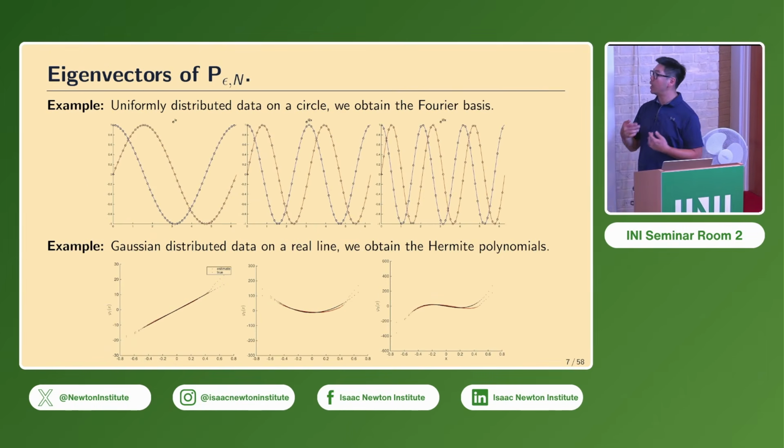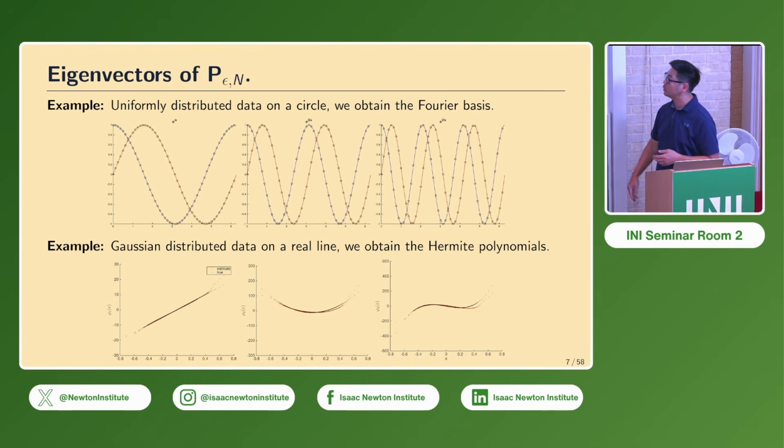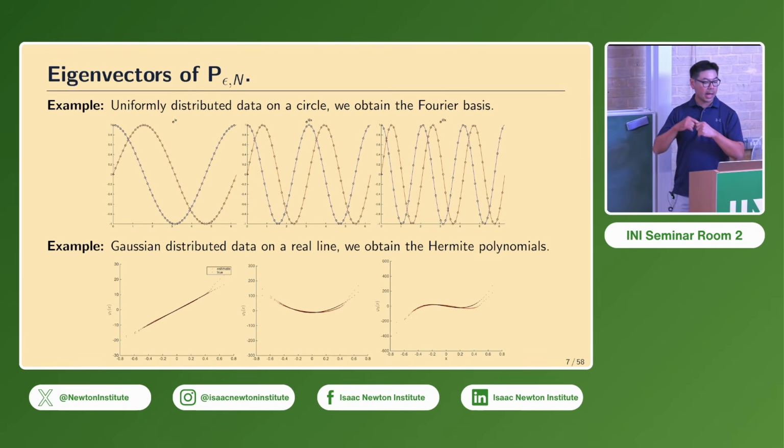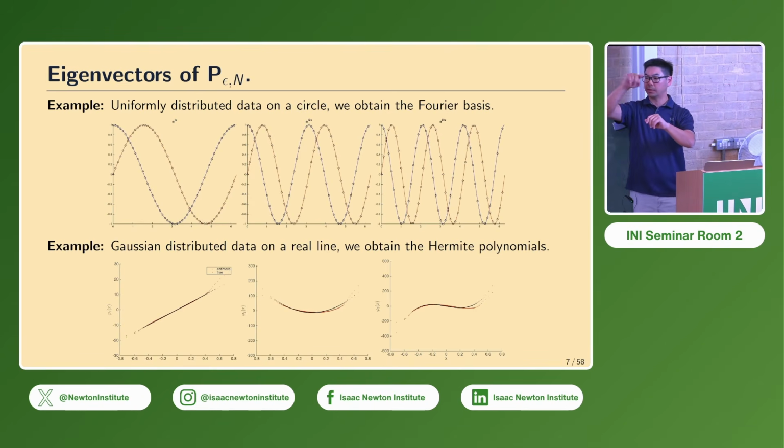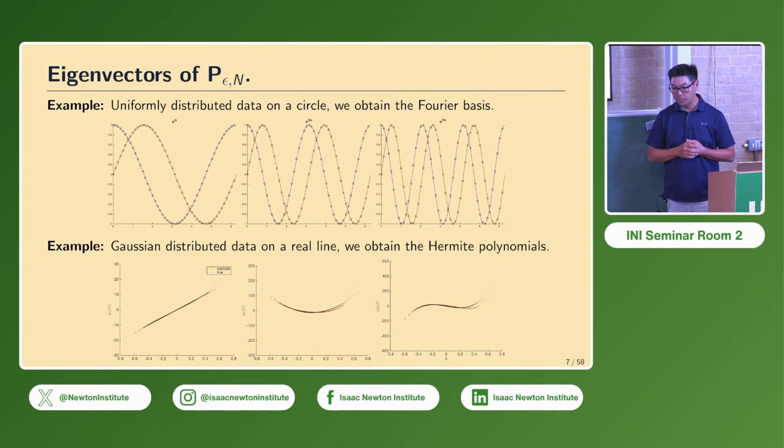Suppose I compute eigenvectors of this matrix on something that you know very well. Suppose my data lie uniformly distributed on the circle. Okay, so we know from our PDE 101 in the undergraduate that if you take the Laplacian on the unit circle, then we know the eigenfunctions, which is the Fourier series e to the ikx, right?